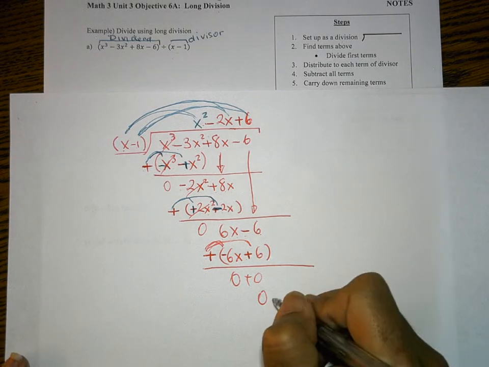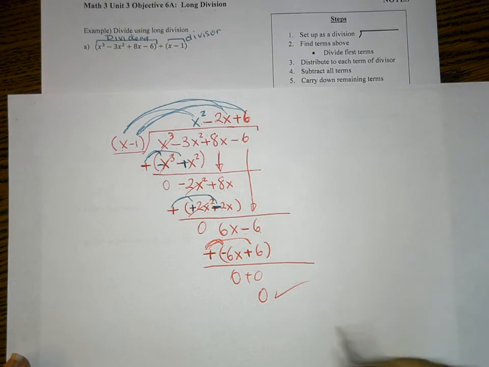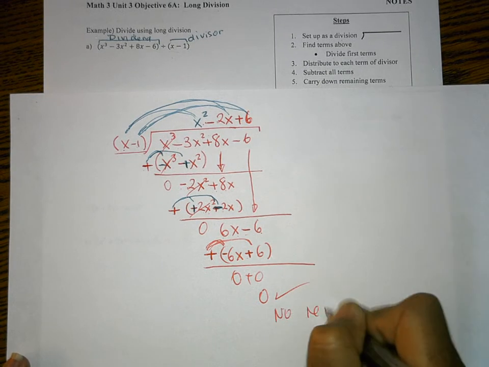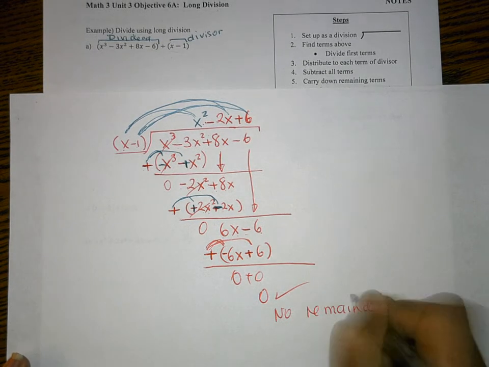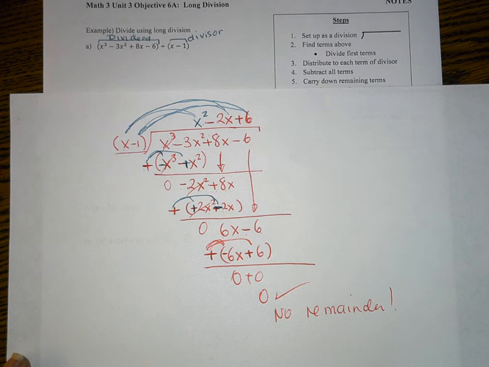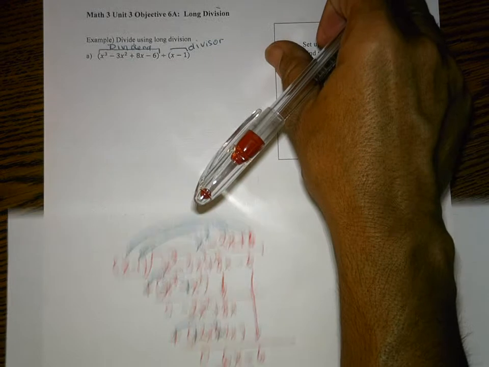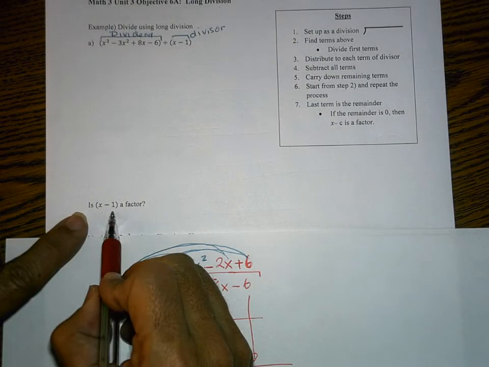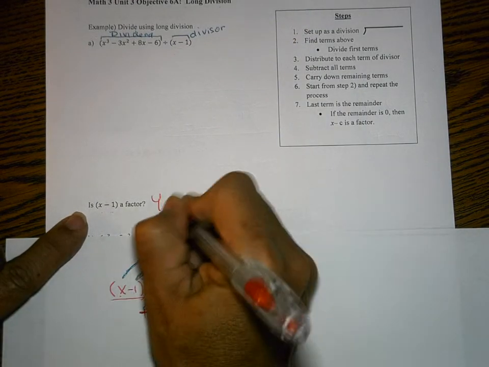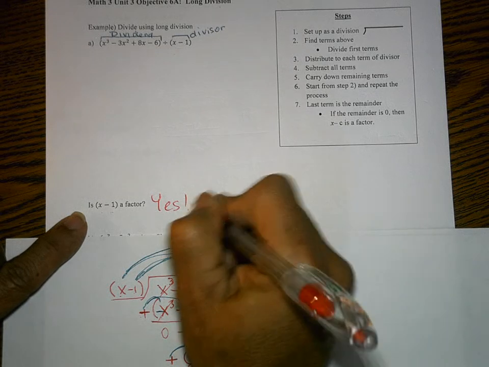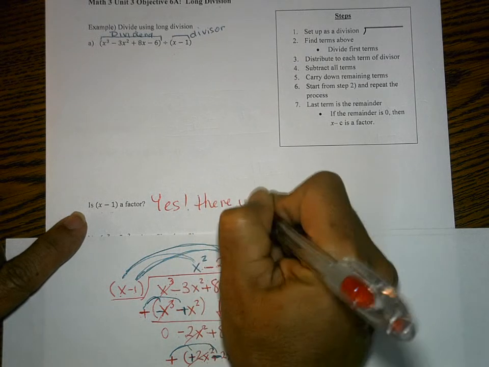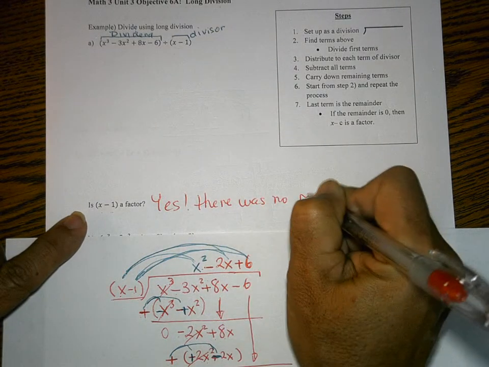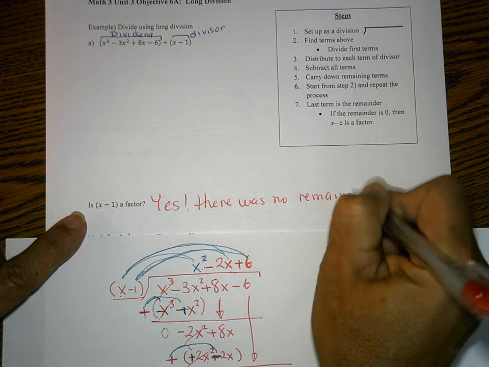So this worked. There is no remainder. There's no remainder at all, okay? It worked perfectly. So it's asking, is x minus 1 a factor? You say yes, it is a factor. There was no remainder.